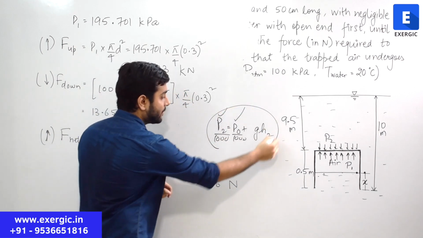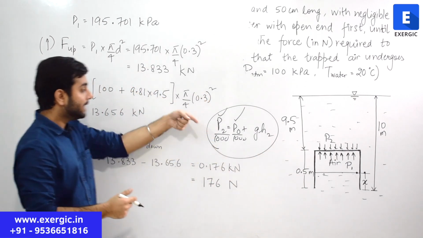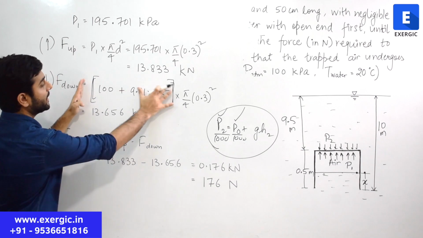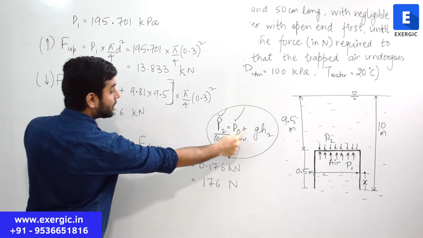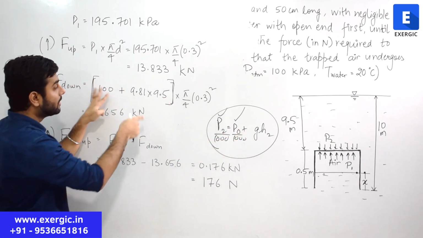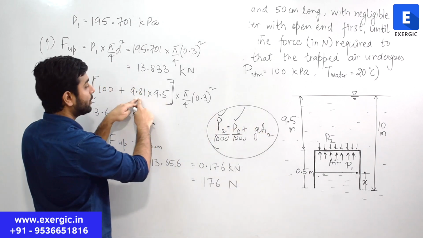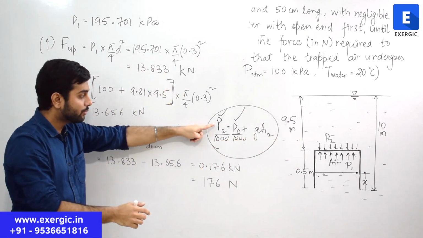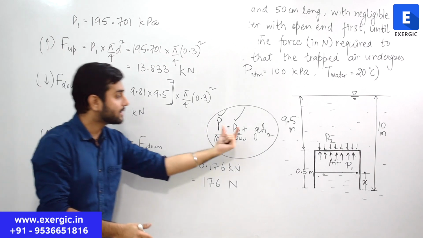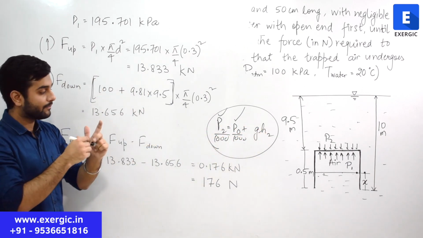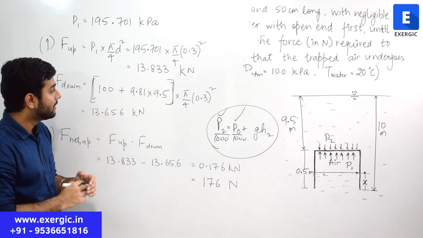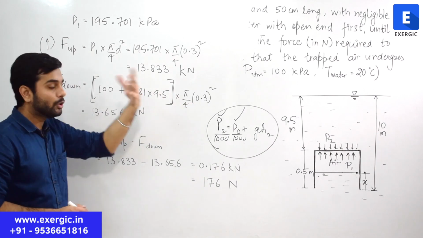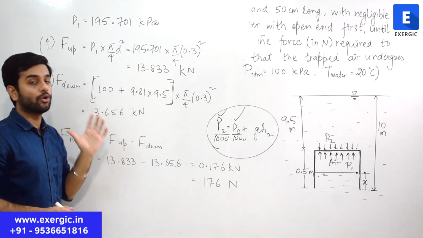So this is the equation to use: P2 in kilopascal is equal to P naught in kilopascal, which is 100, plus g h2. g is 9.81, h2 is 9.5. That direct value we are using of P2, which is in kilopascal, since 1000 has been divided, right? Same funda as we used above. So this multiplied by area, pi by 4 d square. Since this is in kilopascal, you will again get the answer in kilonewton.